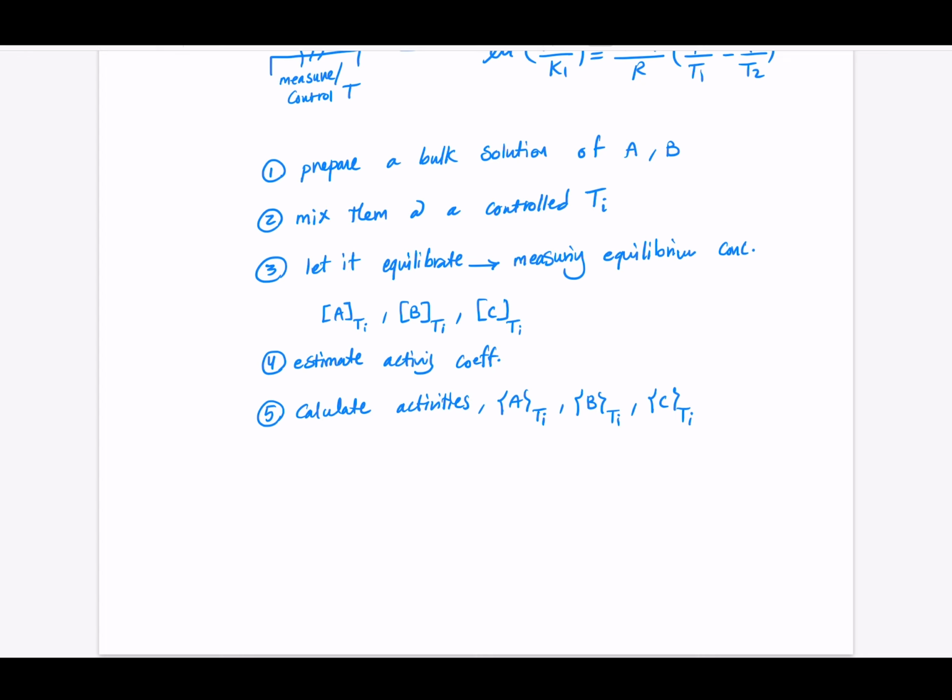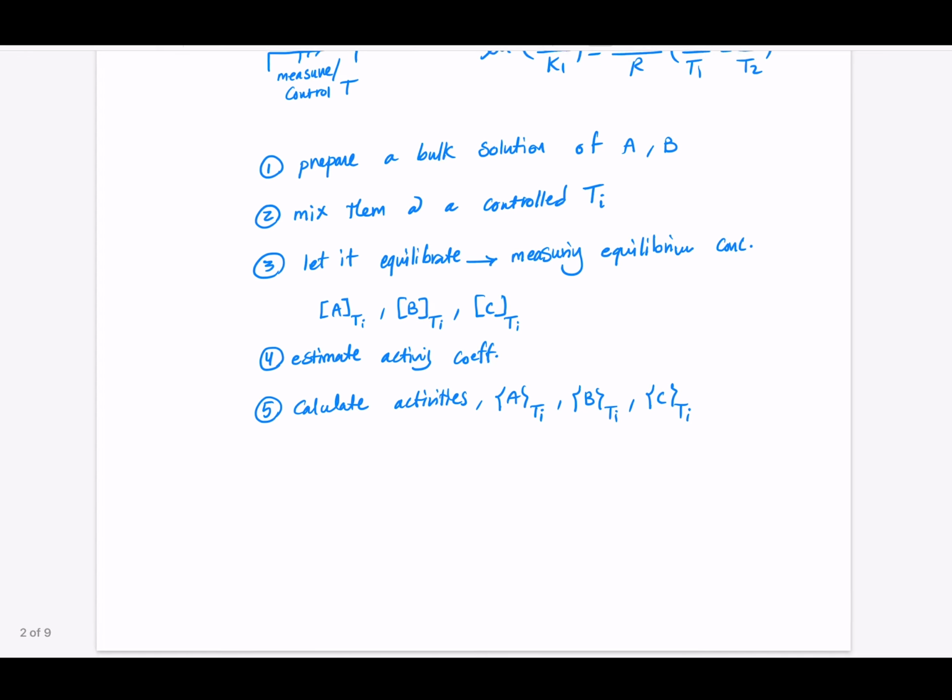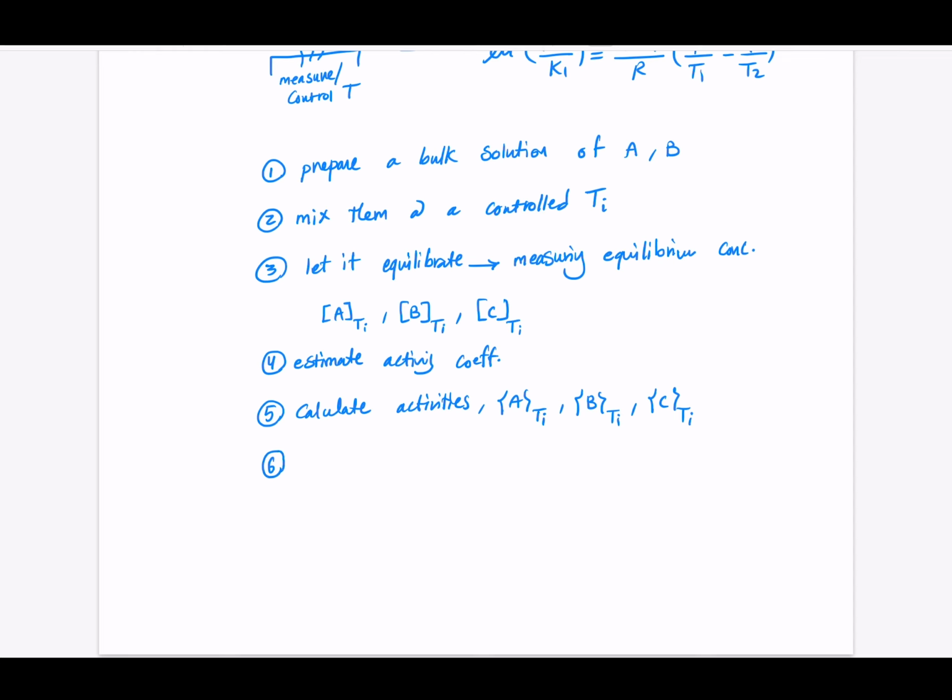Now we can use it for calculating K values. So estimate K, which would be K for the given reaction.